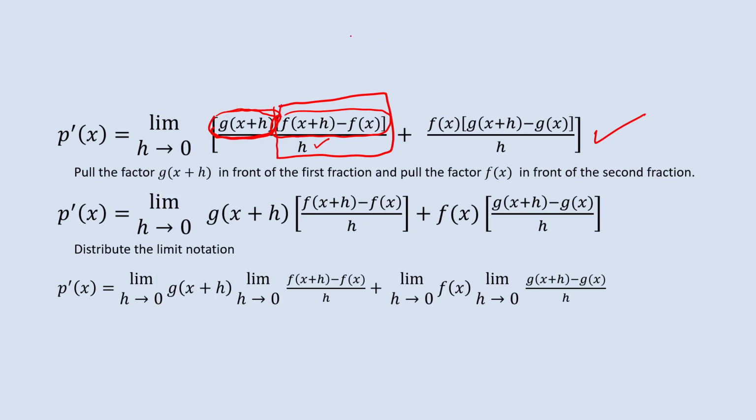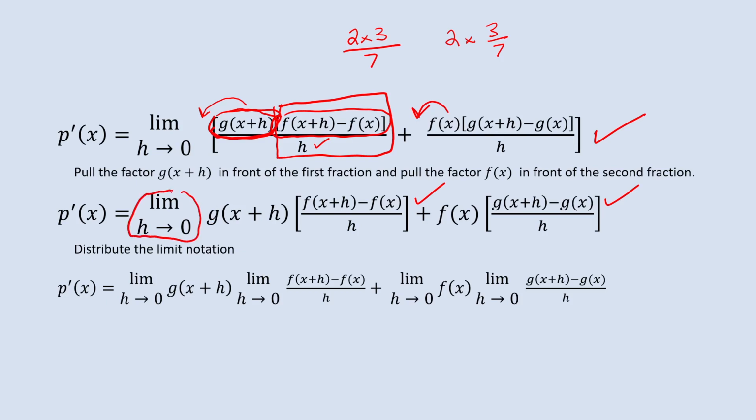To think of an easier example, 2 times 3 all over 7 is the same as 2 times 3 over 7. And that's all we're doing here. We're just bringing that first part out in front of the fraction as a whole. And that's what we get. Similarly, we bring this f of x out in front of the fraction as a whole, and this is what we get.